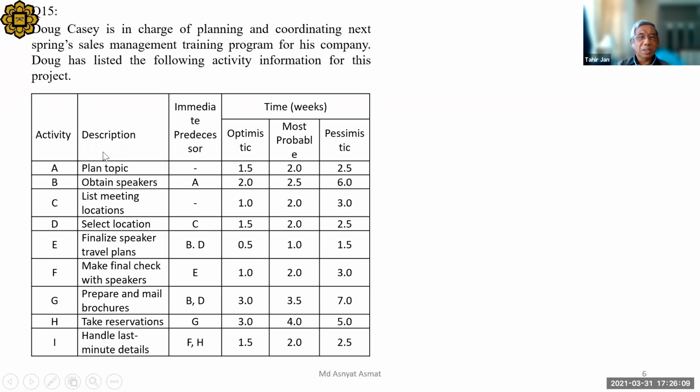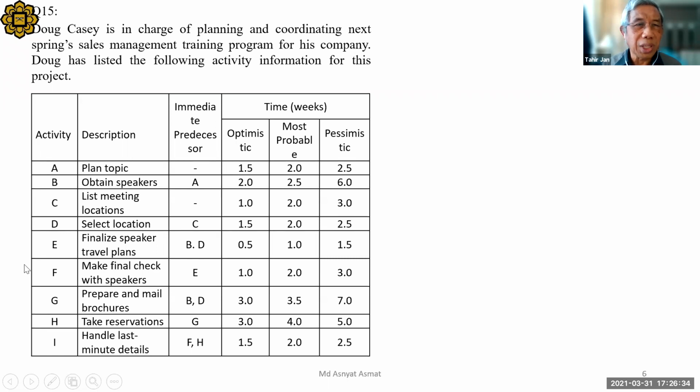So these are the activities: planning the topic, obtaining the speakers, list meeting locations, select the location, finalize the speakers' travel plans, make final check with the speakers, prepare mail and brochures, take reservations, and handle last minutes.